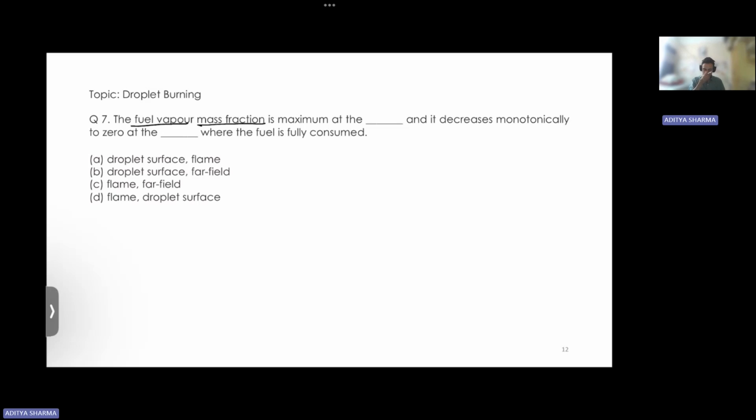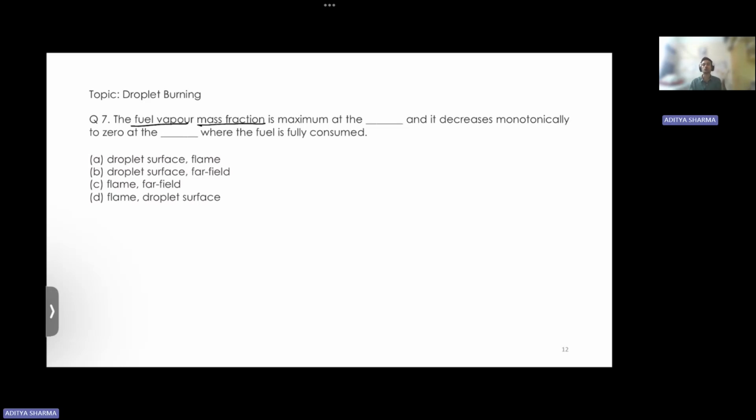Out of these four options, the maximum mass fraction in droplet evaporation and burning in a non-premixed combustion system is at the droplet surface. There are zones.